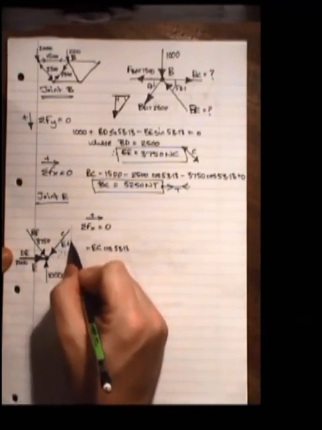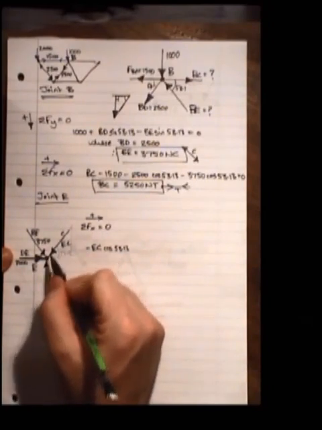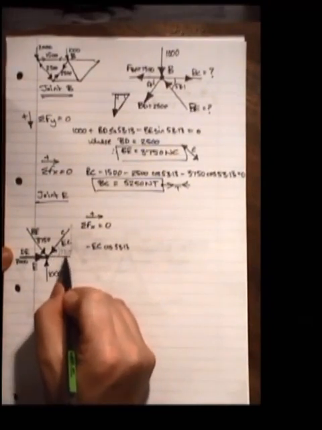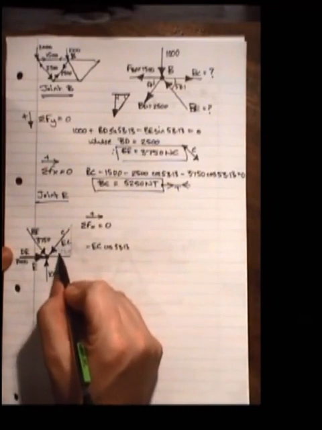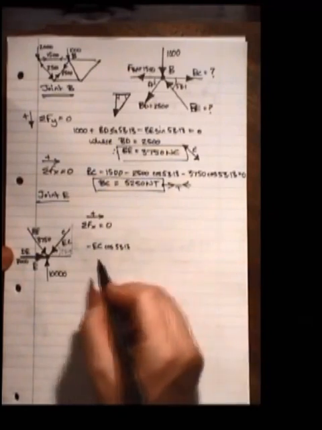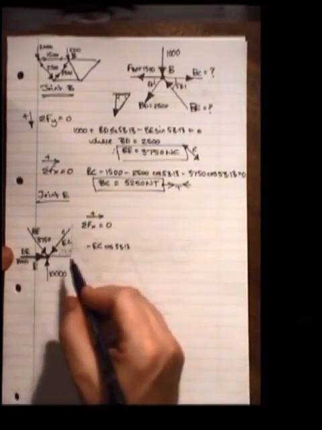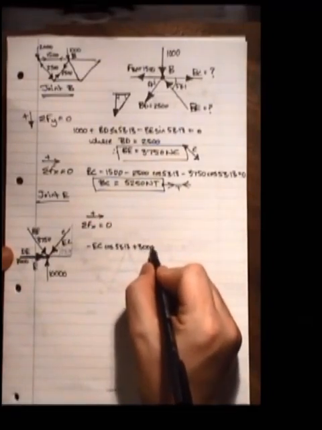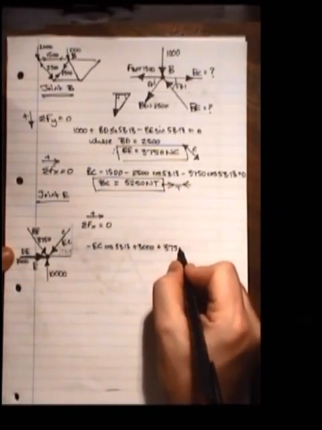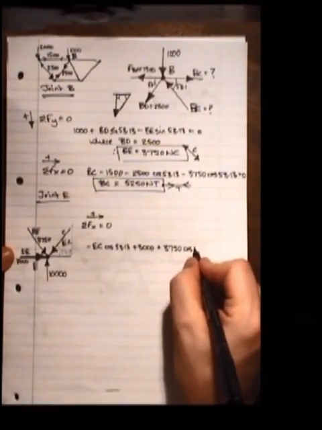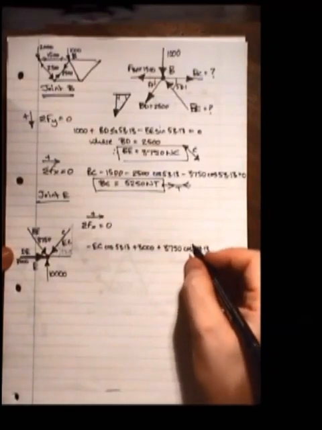Imagine you have a triangle where EC is the hypotenuse. How much of that force is acting in a horizontal direction? It's the hypotenuse times the cosine of the angle. So we've got AC, we've got 3,000 from DE, which is acting perfectly horizontal, and we have 3,750 from BE, and that's acting cosine 53.13.